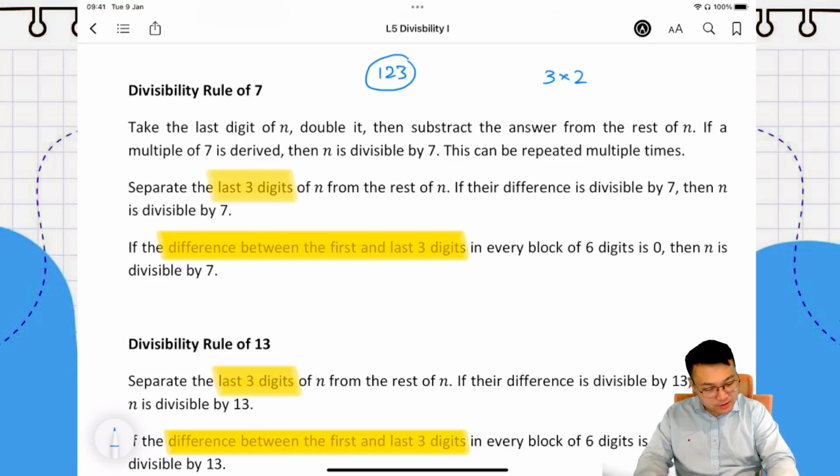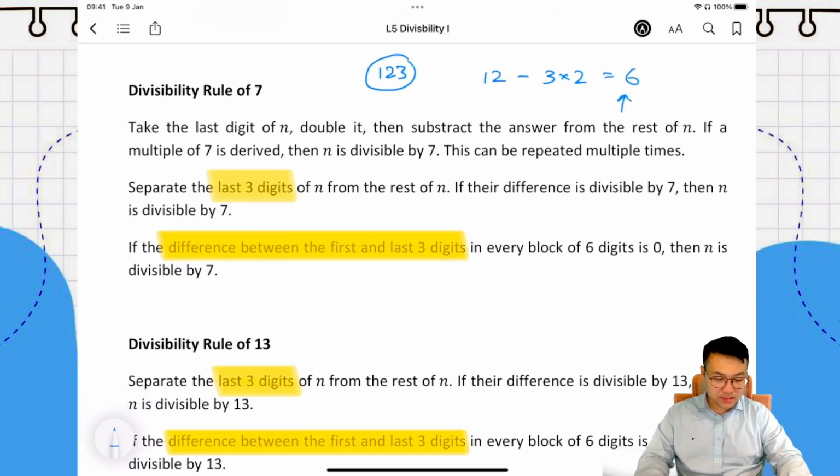You took out the number 3, so the remaining number is 12. So 12 minus double of the number 3. Then you look at the answer. Is this divisible by 7? No. That means the number 123 is not divisible by 7.